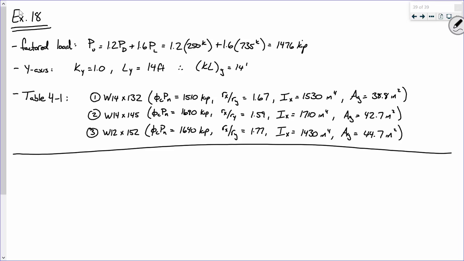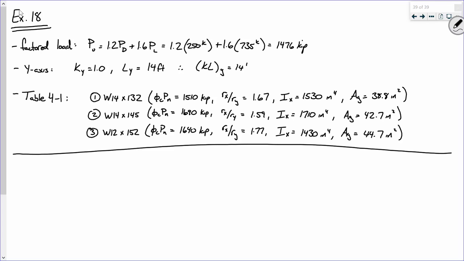No, I mean, we've said the W14 by 730 will work. No, my point is, what's the next one? For the W12s? For the W14. So you see what I mean? You would just keep going until you find one that works. And again, I promise, the W14 by 730, it'll work.